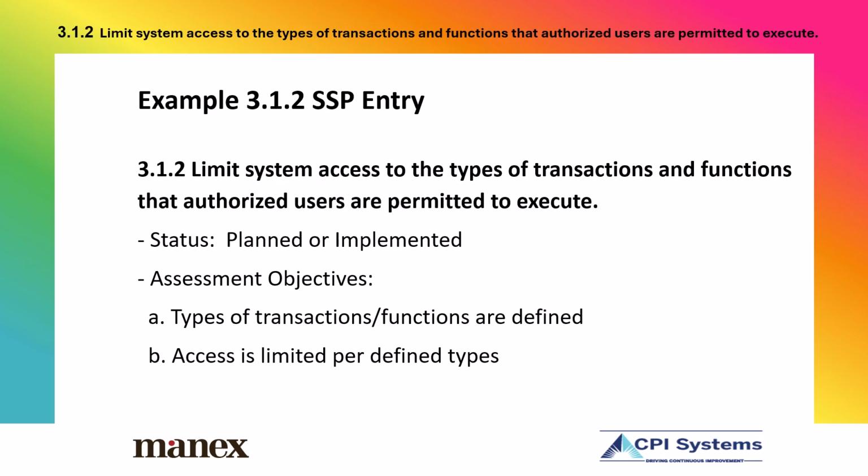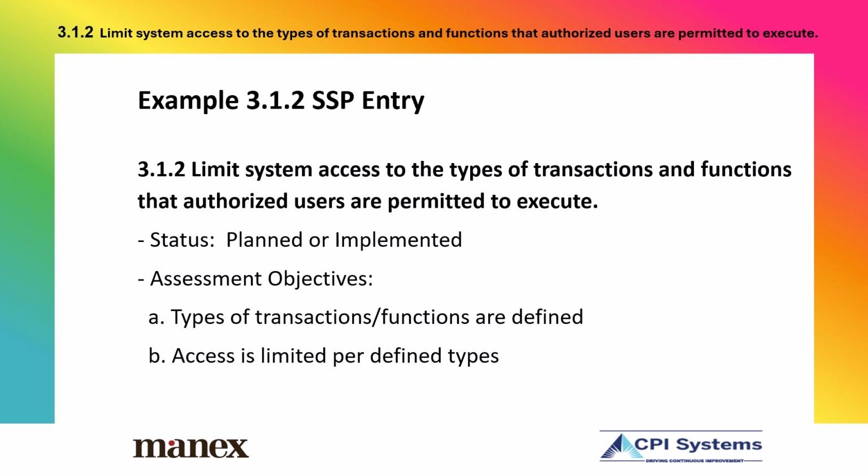Let's see what an example SSP entry for 312 might look like. We see the practice requirement itself: limit system access to the types of transactions and functions that authorized users are permitted to execute. And the implementation status: is it planned, not yet implemented, partially implemented, or complete.